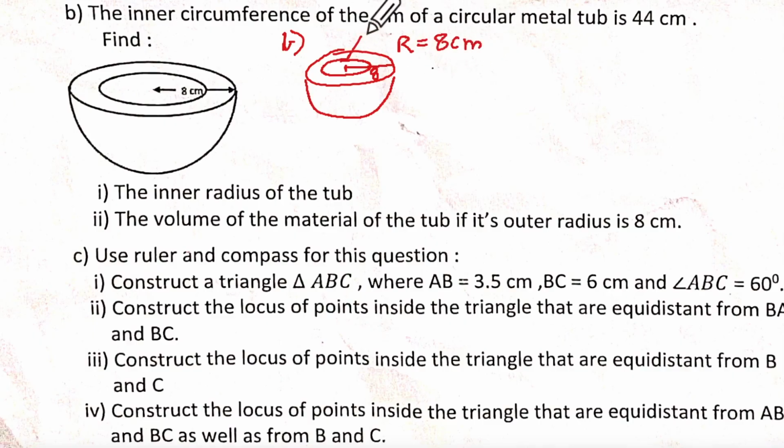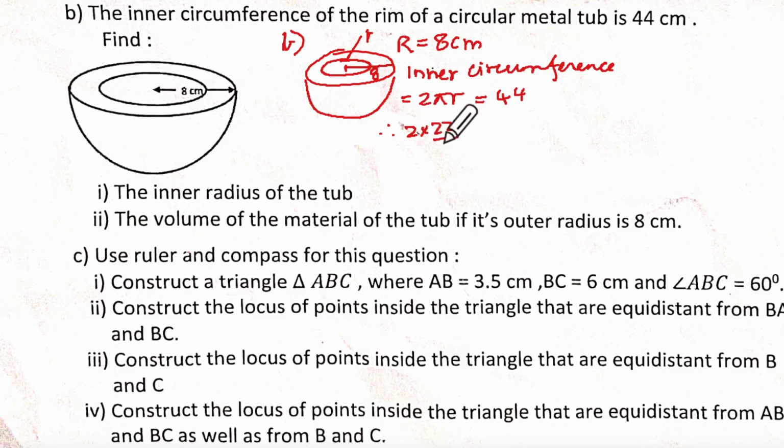Okay, and inside radius I'll call small r, say inner circumference. What is the circumference formula? 2 pi r. So 2 pi small r is equal to 44. So therefore 2 into 22 upon 7 times r. This is very, very simple.